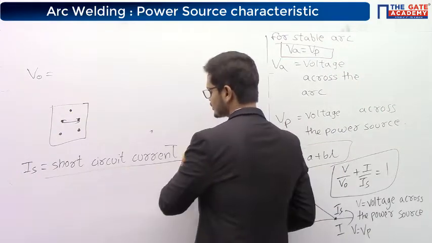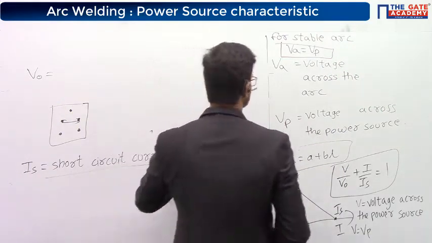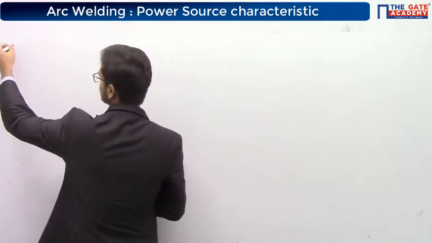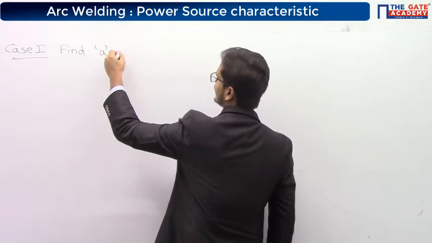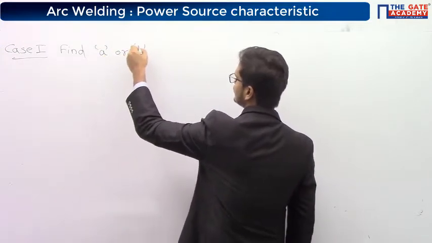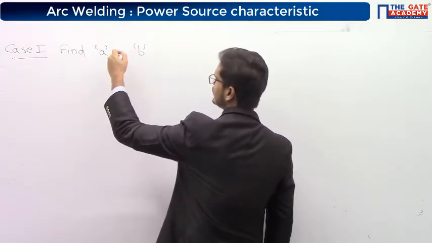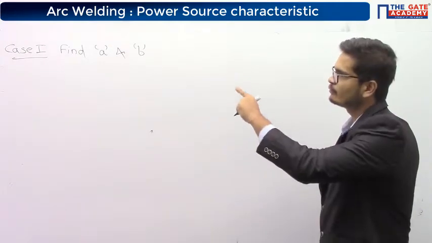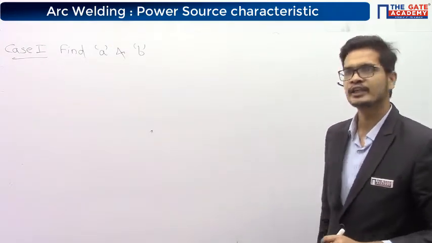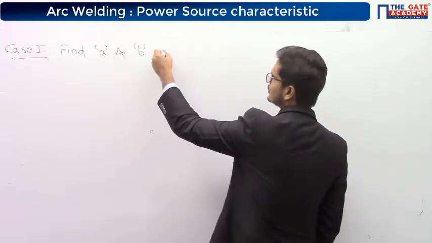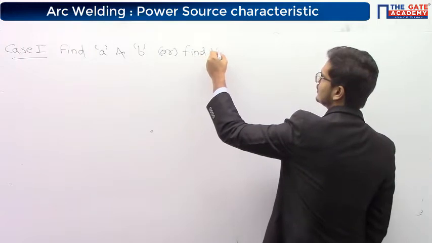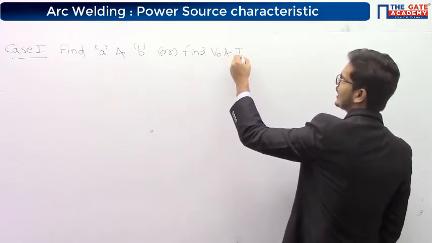Okay, now let us see what kind of questions can be asked. Case 1: find A and B. In the equation VA is equal to A plus BL, we may be asked to find the value of A and B, or find V0 and IS.